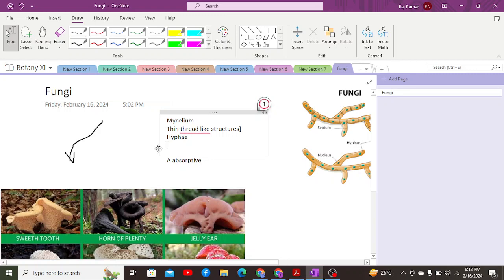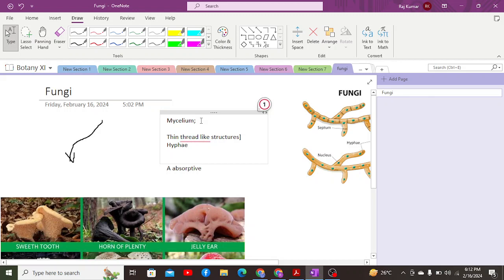These hyphae are of different types. First and foremost, the mycelium is divided into two types, septate and aseptate, as given in the diagram as well.